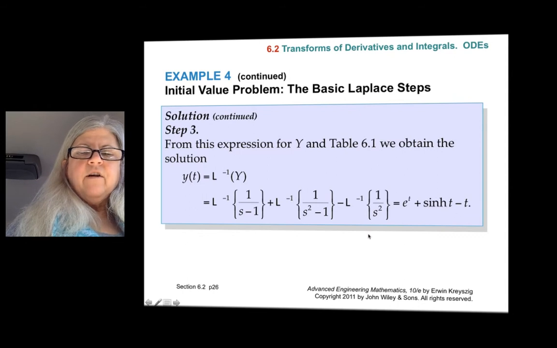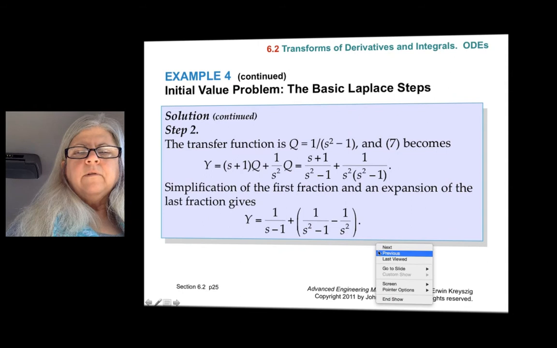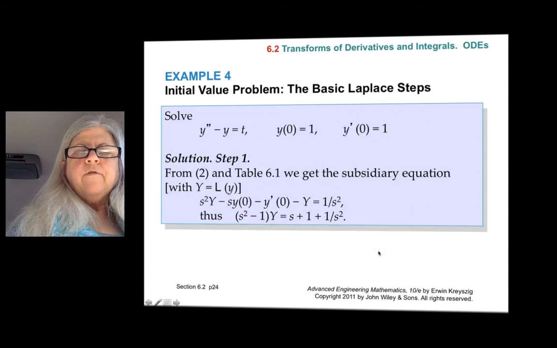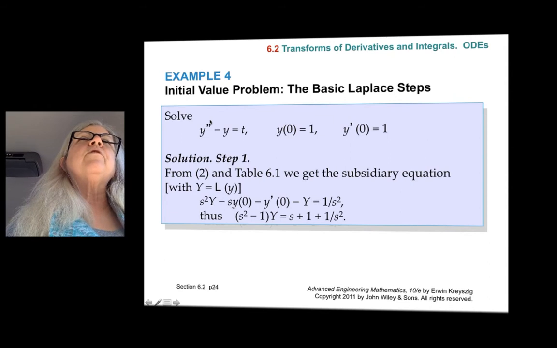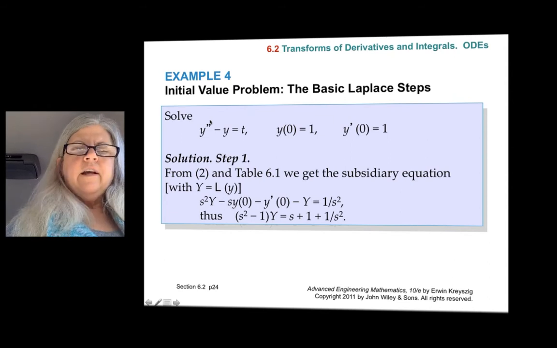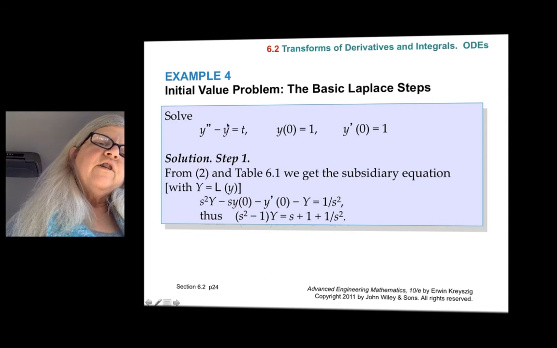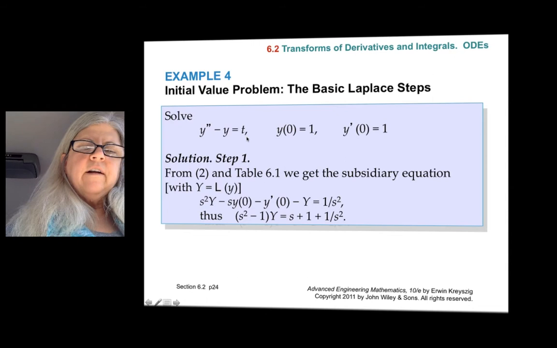Now let me go back and talk a little bit physically about this function. If you look at the response, we have that e to the t, which represents exponential growth. And we also have a ramp function. So the solution of this is an unbounded or unstable kind of function.